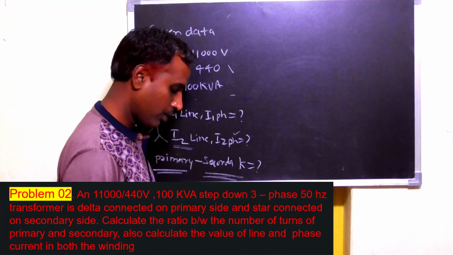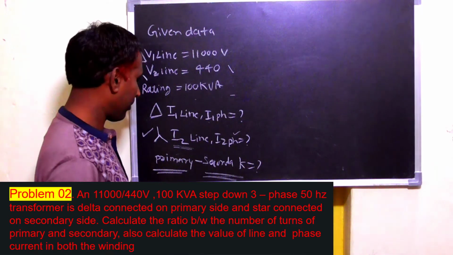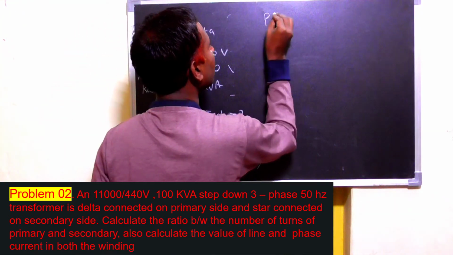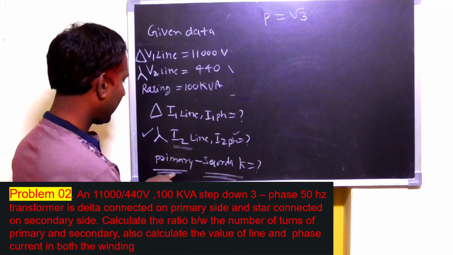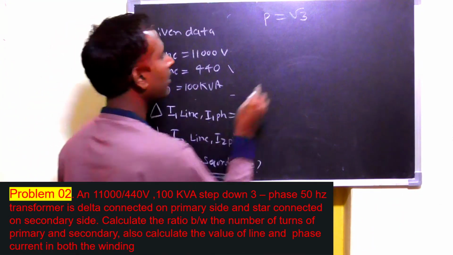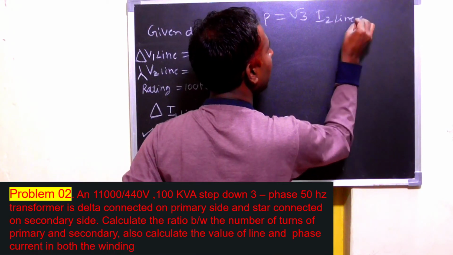We know that the formula is P equals root 3 into V2 line into I2 line. I am finding the secondary, means I2 line.